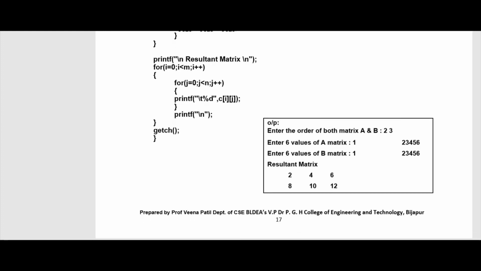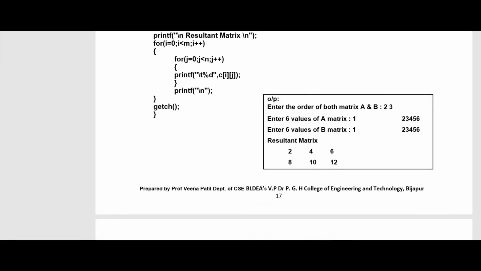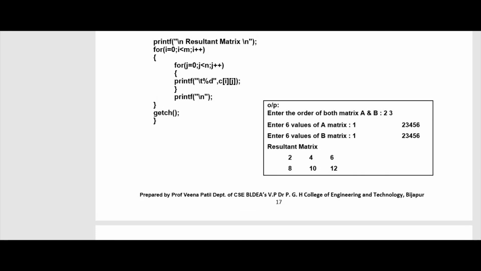Once all the values are printed, we say getch and come out of the loop. So at the end, you will be able to see the answer. Result matrix will be 2, 4, 6, 8, 10, 12.